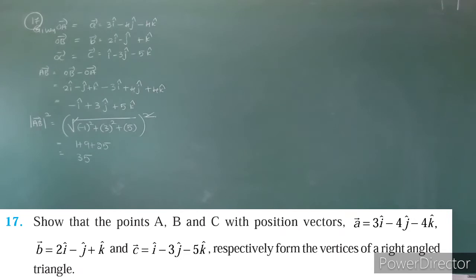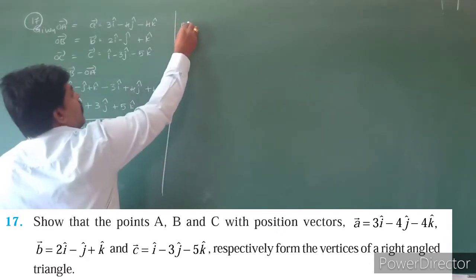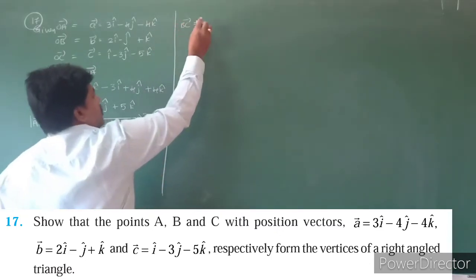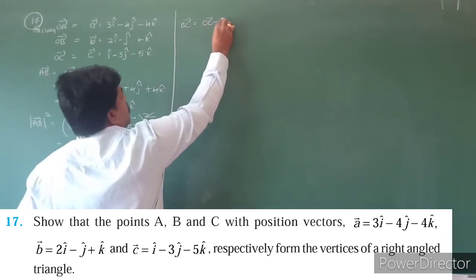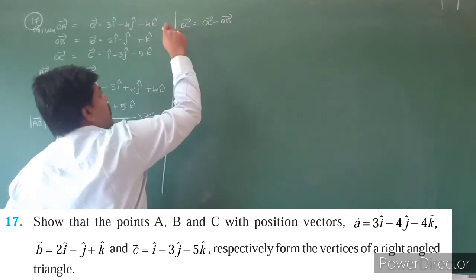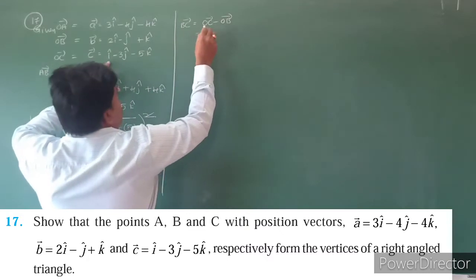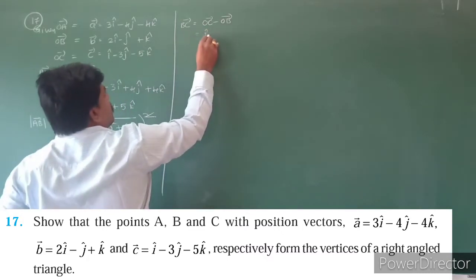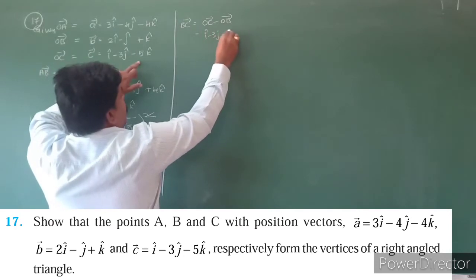Similarly, we will calculate BC and CA also. Next, I will calculate the BC value. BC bar is nothing but OC bar minus OB bar. What is the OC value? That is the C vector, that is nothing but i minus 3j minus 5k.